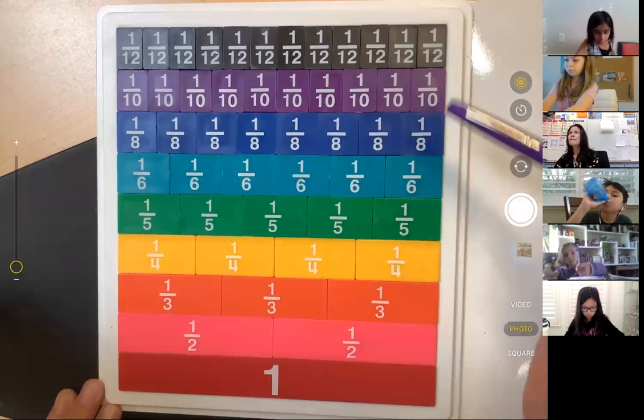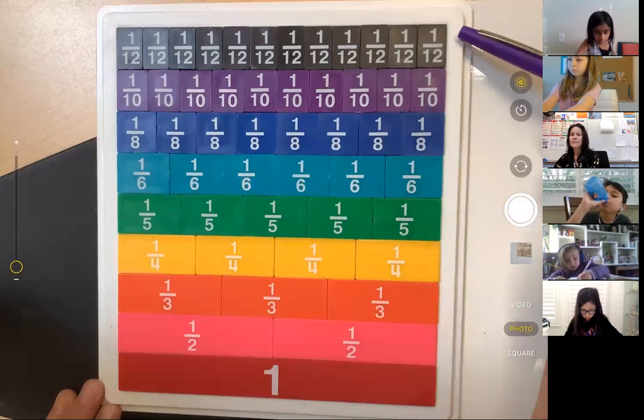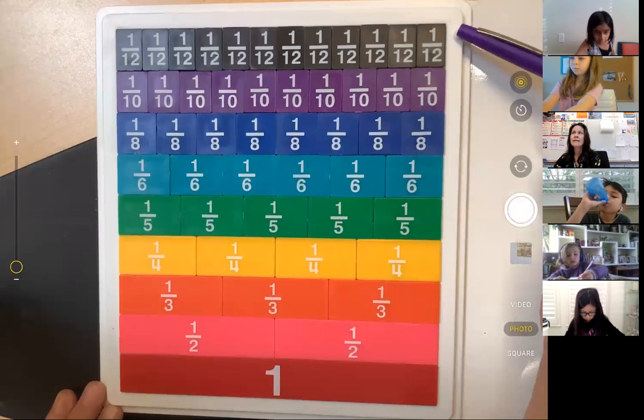Every single one of these lines, friends, is the exact same value. I'm going to say that again.